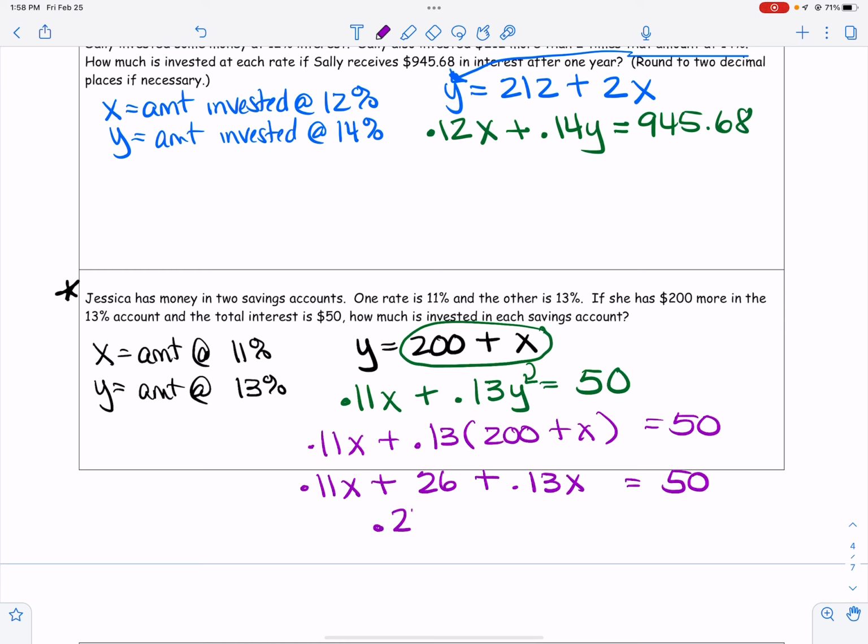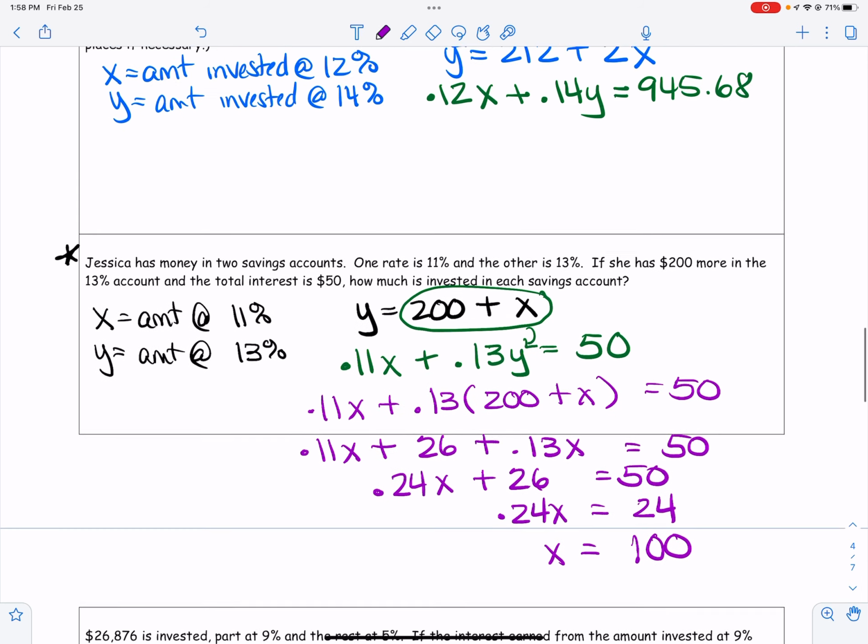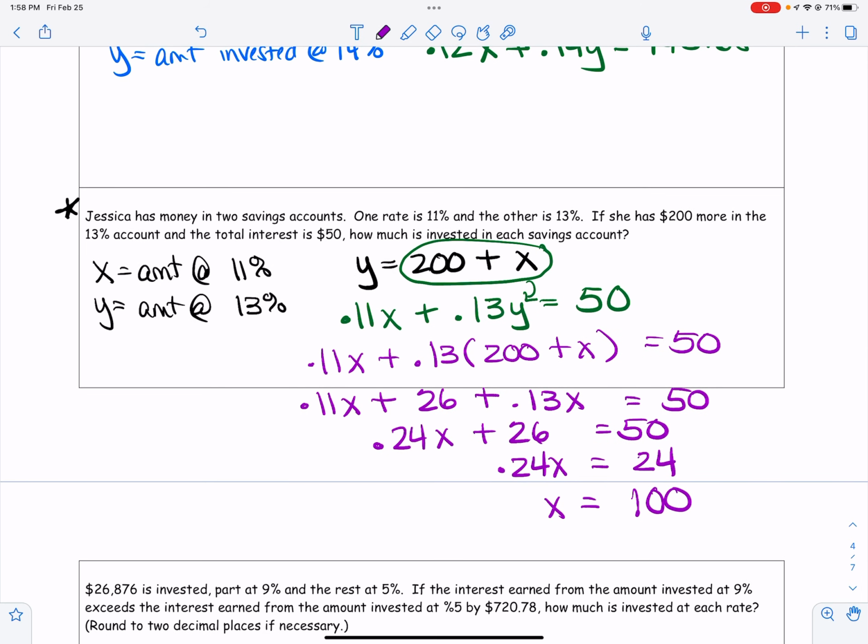Collect your like terms to make 0.24x plus 26. Subtract so that you get 0.24x is equal to 24, and that says that she has $100 in the 11% account.